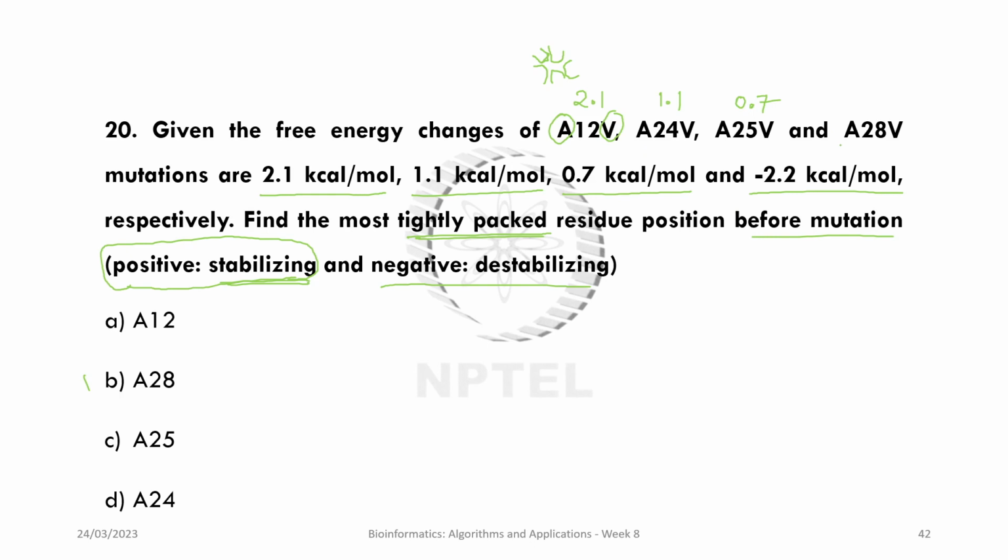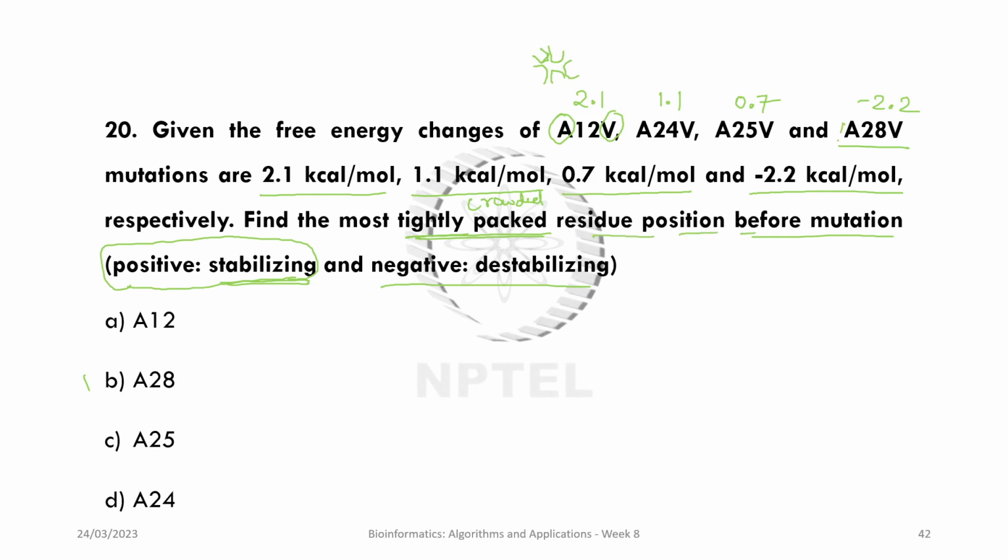But what happens in A28V? There is a negative sign, which means it is destabilizing. Destabilizing how? It creates a steric interaction. And why is that? Because they are crowded. So find the most tightly packed residue position before mutation.